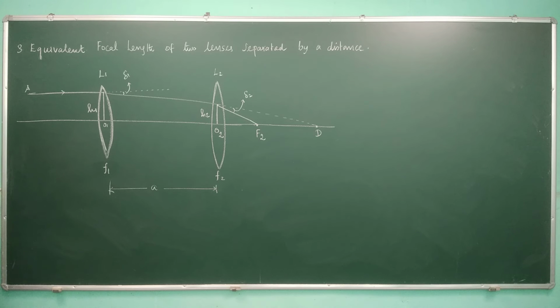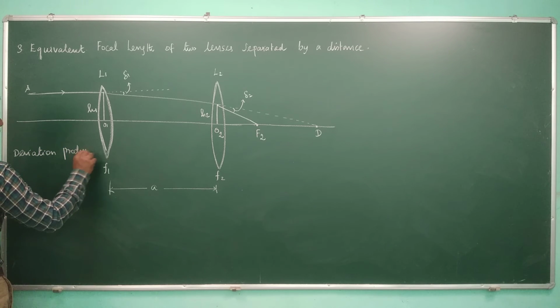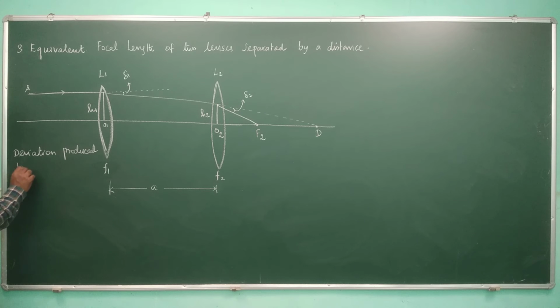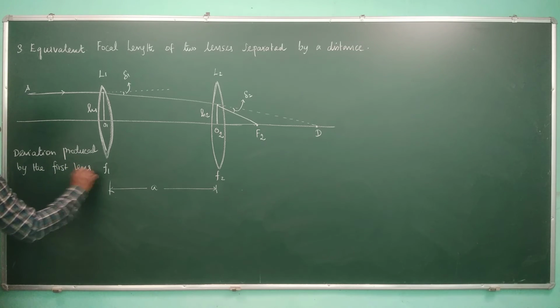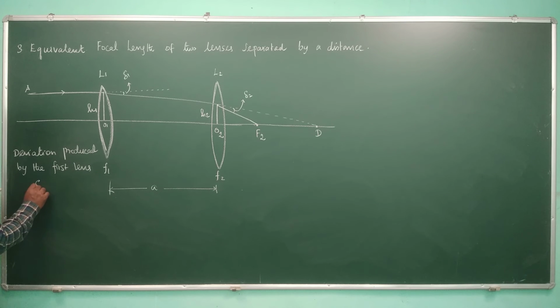Now we can write the deviation produced by the first lens, delta 1, which is nothing but h1 by f1, right?